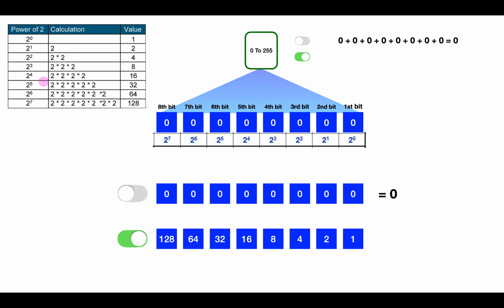Based on this chart, the value goes up to 128. So the value will be 128 plus 64 plus 32 plus 16 plus 8 plus 4 plus 2 plus 1, which is 255. That is the reason the maximum value can go till 255 for one octet, because we are adding up all the bits when they are switched on.